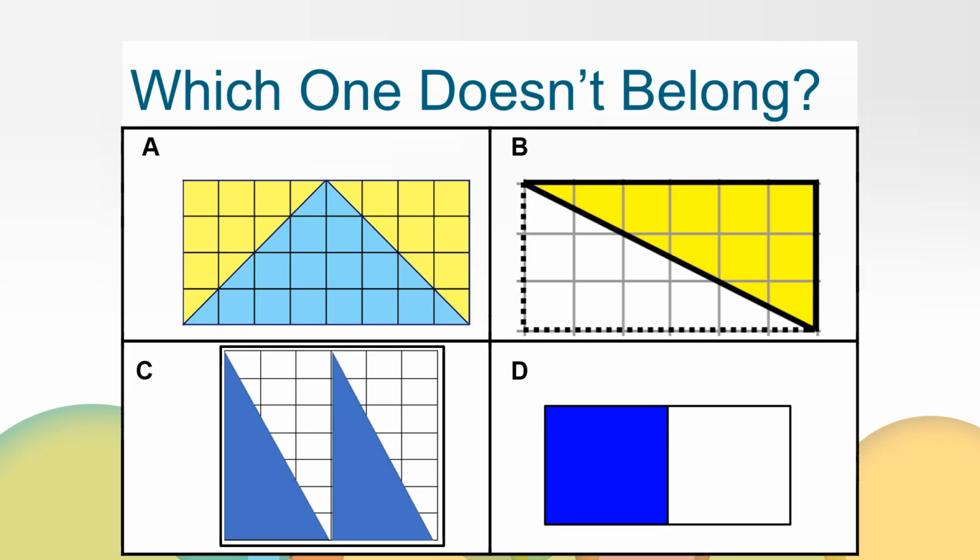Take a moment to think about which image doesn't belong. Jot down your ideas. If you think of a reason that one image doesn't belong, try to think of a different reason another image might not belong.